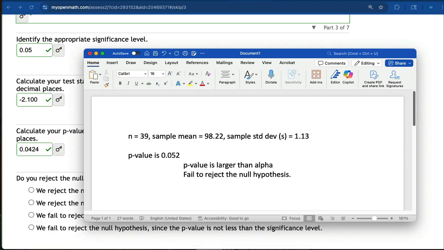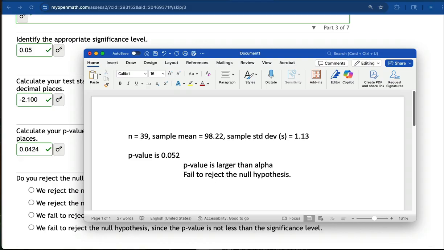Fail to reject the null hypothesis. It's not that you're going to accept it. We're just going to fail to reject it. It's very critical that we phrase it in the correct way.